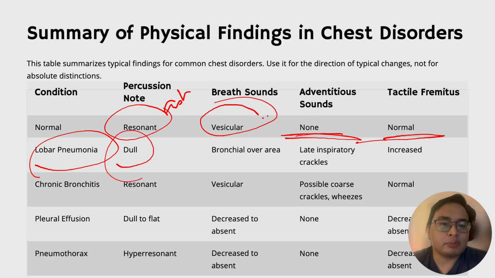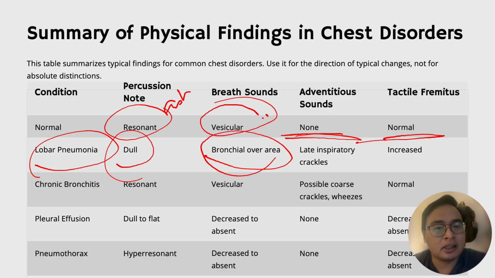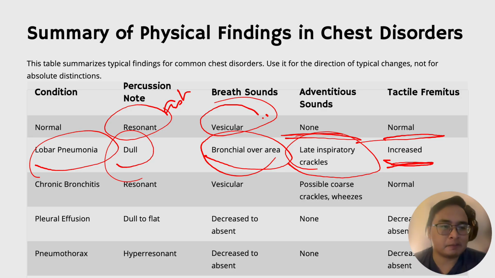The breath sounds are going to be bronchial over that area, meaning the alveoli have collapsed or have been filled with something else. So you're not going to hear the air coming from the alveoli, but the air coming from the bronchi. The adventitious sound you're going to hear there are what we call late inspiratory crackles. And the tactile fremitus is going to be increased because there is increased transmission of the sound from the larynx.